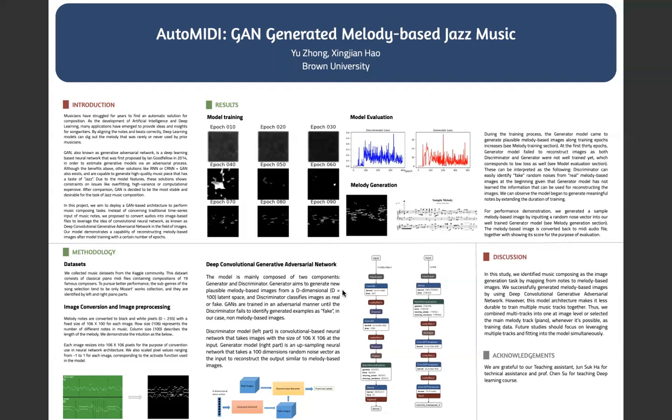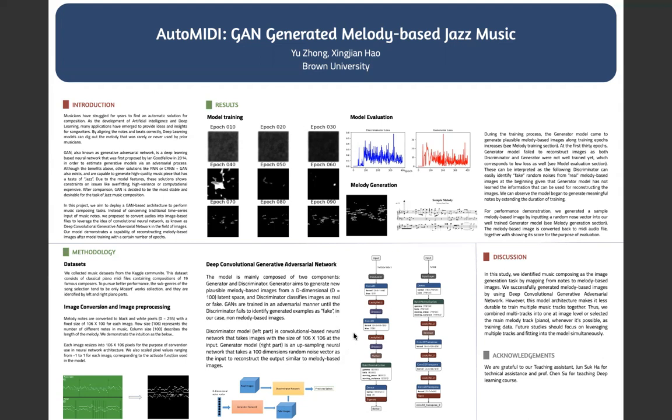And in our case, d equals 100. And the discriminator is trying to classify images as real or not. And our generative adversarial network is trained in an adversarial manner until the discriminator is not able to identify the generated example as fake. In our case, fake means non-melody based images.